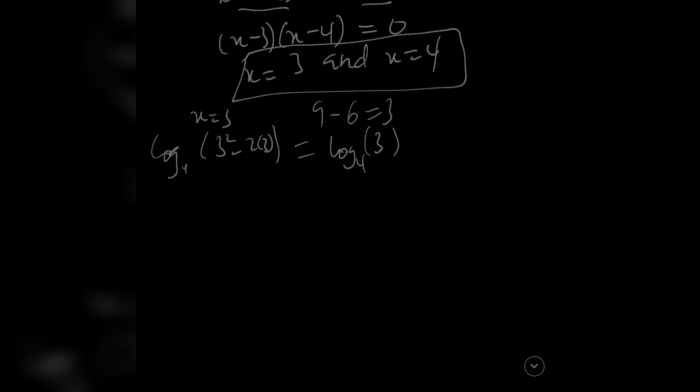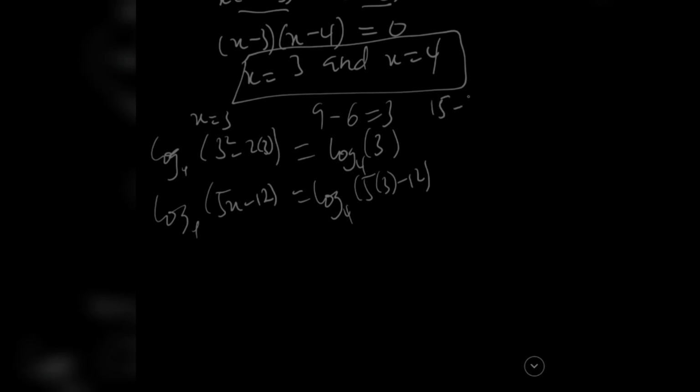Now the right-hand side is log to the base 4 of 5x minus 12. Since x is 3, we get 5 multiplied by 3 minus 12. 5 times 3 is 15, minus 12 gives us 3, so we get log to the base 4 of 3. So you can see that 3 satisfies the original equation, so 3 is part of the solutions.